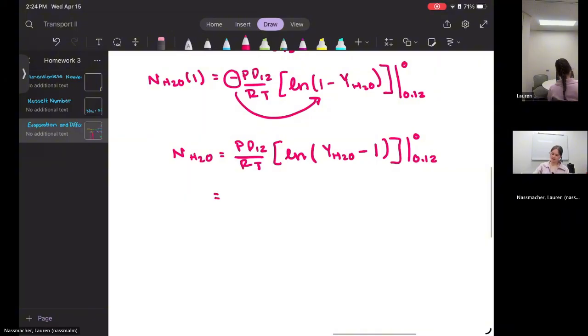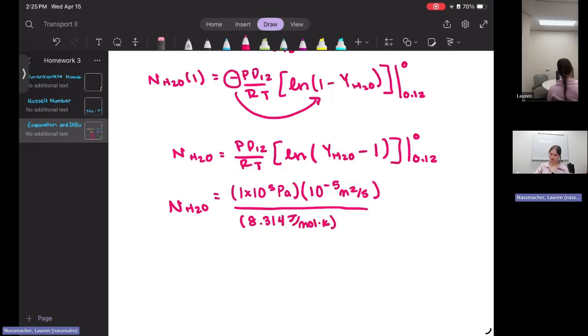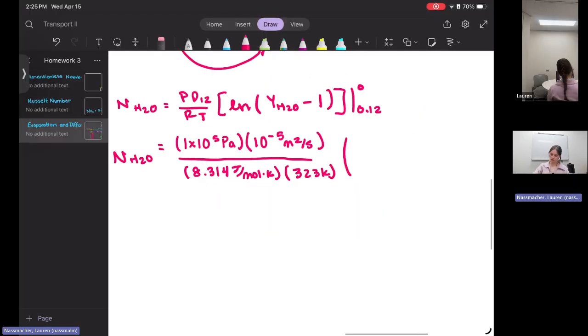So that we plug in all of our numbers, our pressure. So we're going to do our pressure, which is 1 times 10 to the fifth pascals multiplied by our diffusion coefficient 10 to the negative fifth meters squared per second over our coefficient of 8.314 joules per mole Kelvin times 323 Kelvin, all times the natural log of 1 over 0.88.